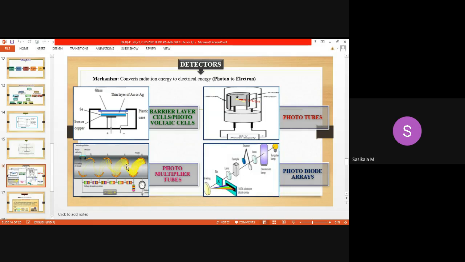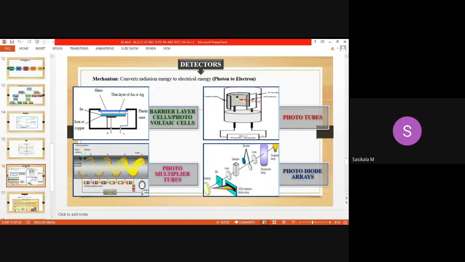So in sophisticated instruments, what types of detectors will we find? Photomultiplier tubes and photodiode arrays. Diode represents anode only. Many anodes in the form of an array give multiple signals from reflected rays, so that is called a photodiode array.